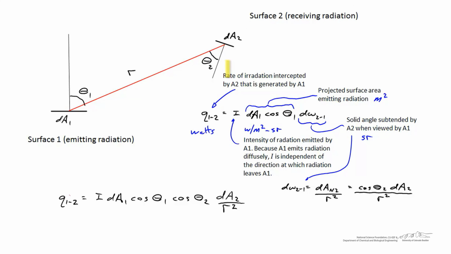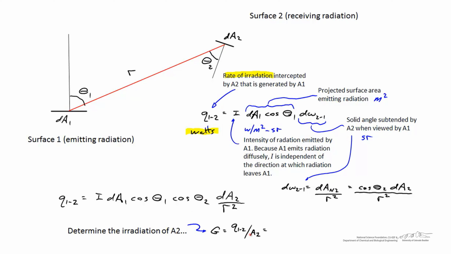So one last thing to do with the terminology. This rate of radiation, I said, was in watts. And you'll also see irradiation by itself. So if the question asks you to determine the irradiation of A2, it means determine G, which is Q12, the total wattage, divided by the surface area of A2.